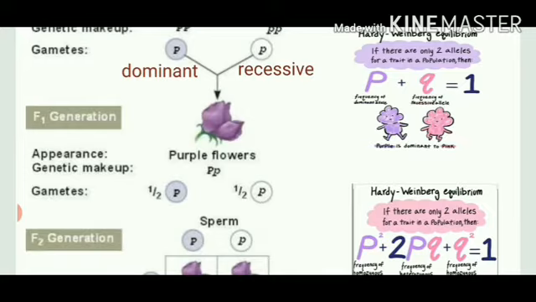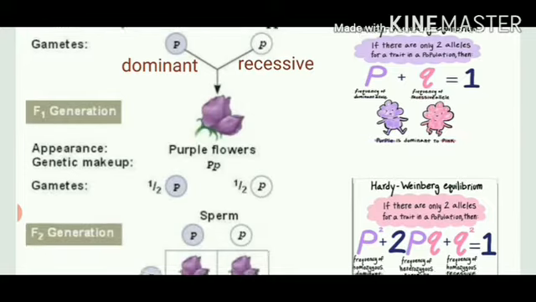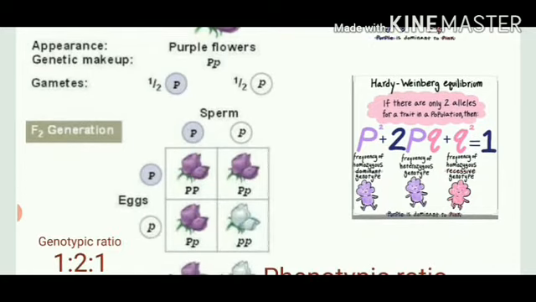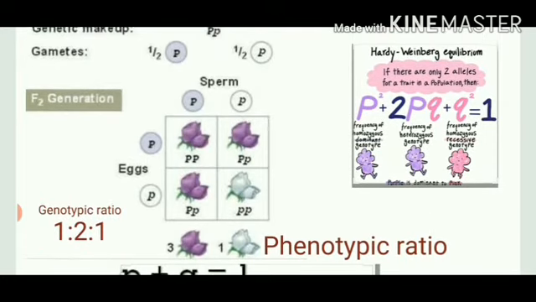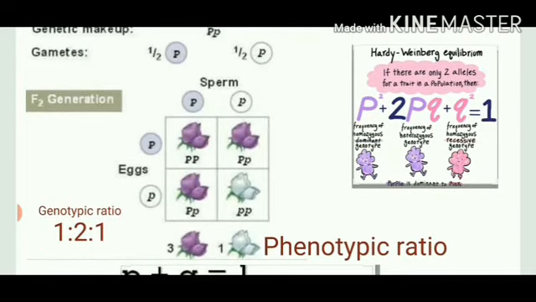But when these purple flowers are crossed with each other, the resulting generation will show the law of segregation: 1:2:1 is the genotypic ratio, and 3:1 is the phenotypic ratio.